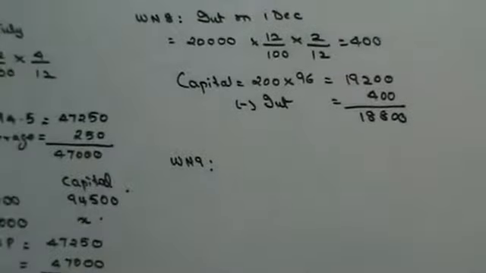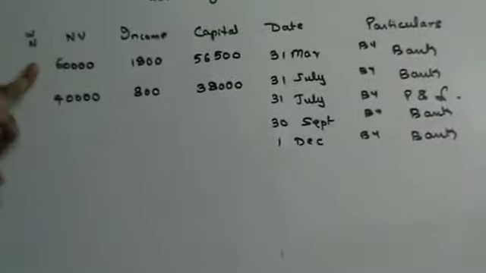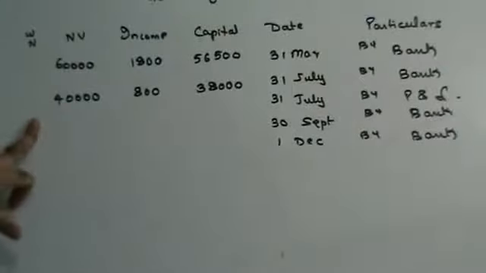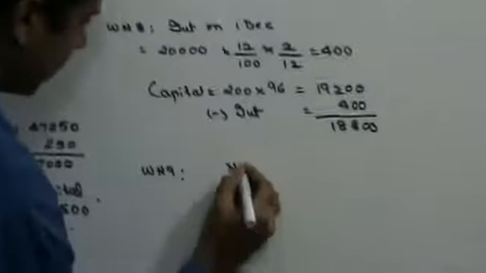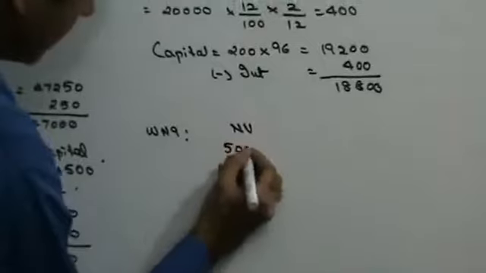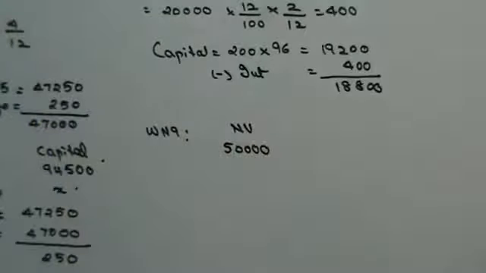Working note 9. You have to consider all the transactions before the sale. I had purchased 60,000, 40,000 and I have sold 50,000. So the nominal value that I have is 50,000. I had 1 lakh out of which I have finished selling 50,000.